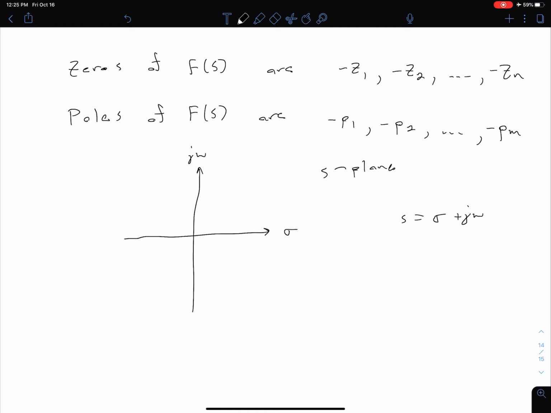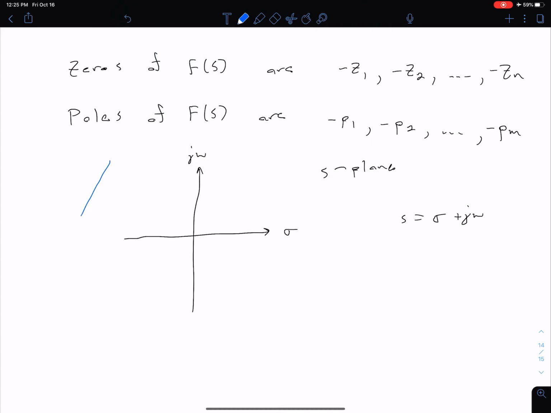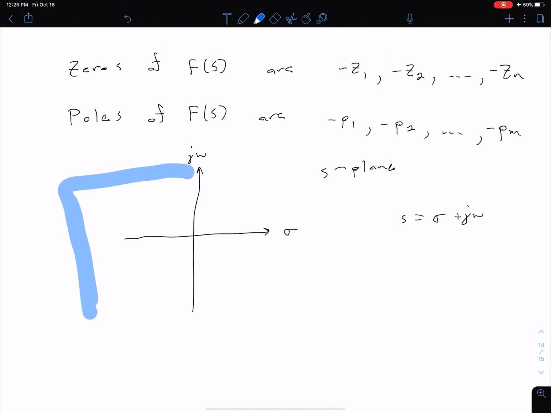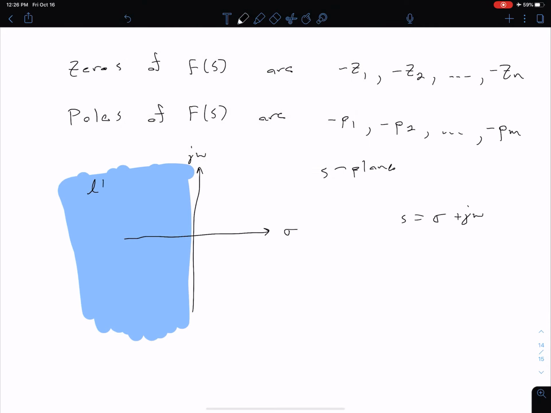What we're saying is our safe space is over here. Basically anywhere to the left of that imaginary axis is our left half plane. We want all of our poles to be in this left half plane for the initial and final value theorems to hold.